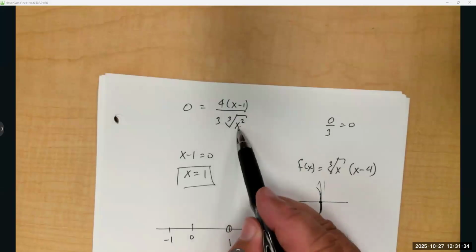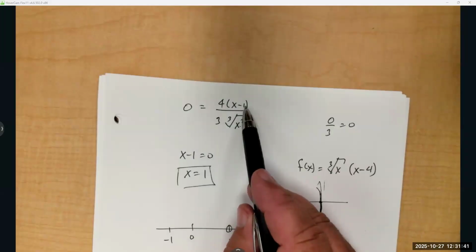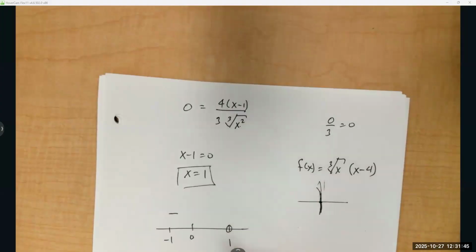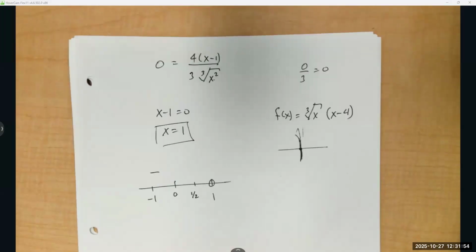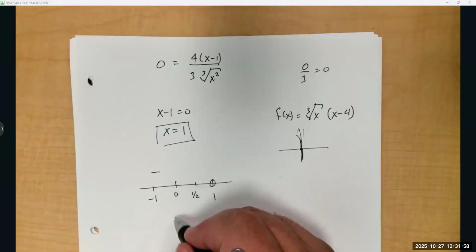If we put negative 1 inside here, negative 1 squared is positive 1, so that's going to stay positive. Negative 1 minus 1 is negative 2. That makes the top negative, so that makes it negative. Makes it less than 0. If we put 0.5 in there, we can't use this.